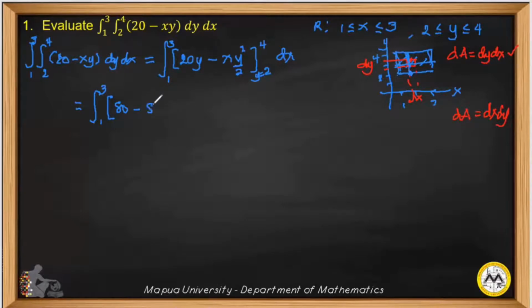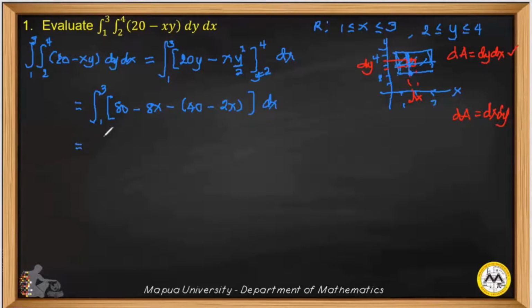x. Okay, so that gives us 8x minus the value of the integral when y is equal to the lower limit at 2. So 20 times 2 is 40 minus, when y is equal to 2, 2 squared is 4. 4 over 2 is 2 times x gives us 2x. Okay, times the differential of x.